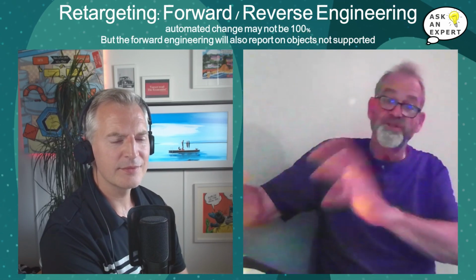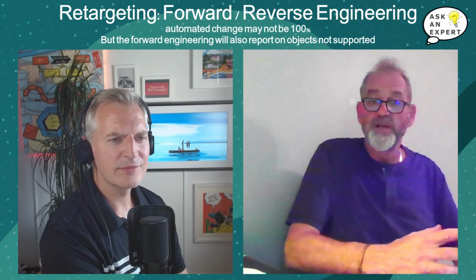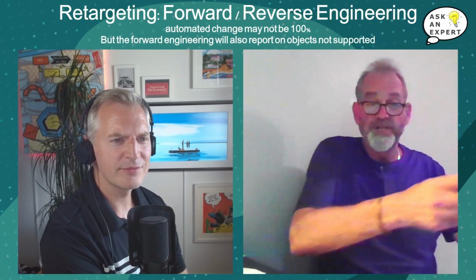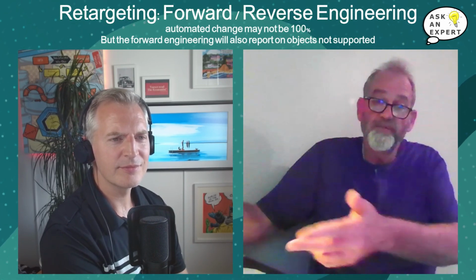But what you're going to get is, on top of all the things that you've been able to directly transform to that platform ready for deployment, a laundry list of things that are not supported in that platform that you now need to address and understand. In this migration, we're going to have to take these stored procedures and recreate them in this platform, or maybe indexes.